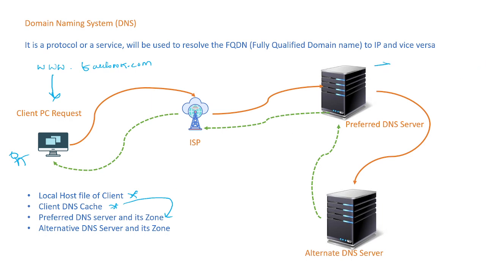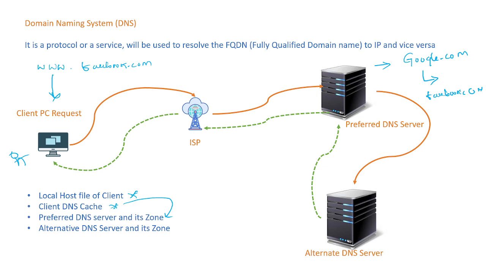This is our preferred DNS server here. Here you will have a domain name, DNS google.com, and zones will be there: primary zone, secondary zone, sub zones. You will understand better in another 5 minutes. There it will look for the entry: is there any record called facebook.com?